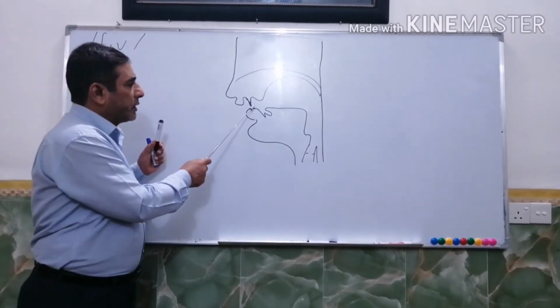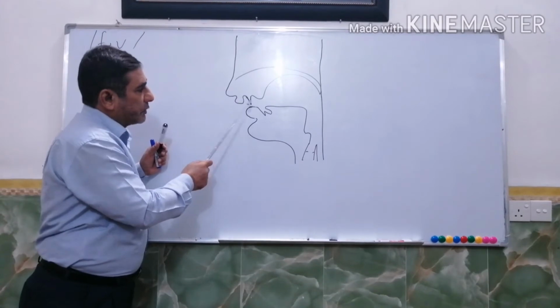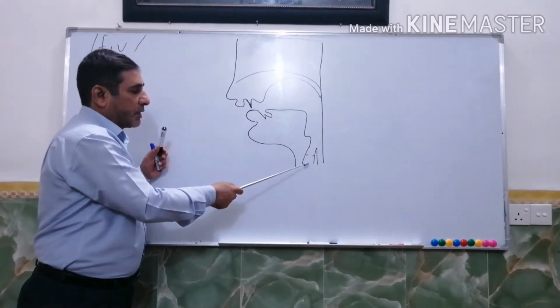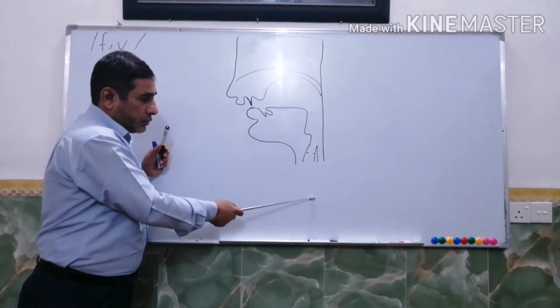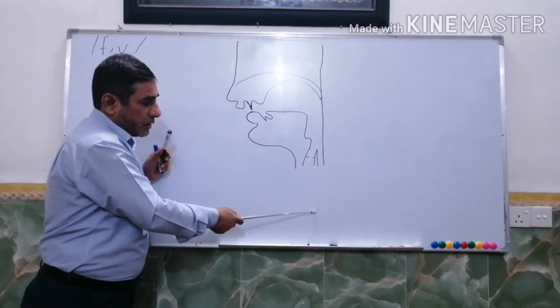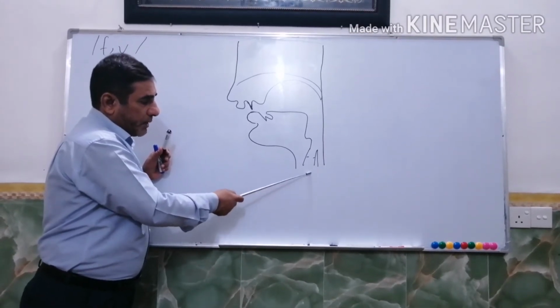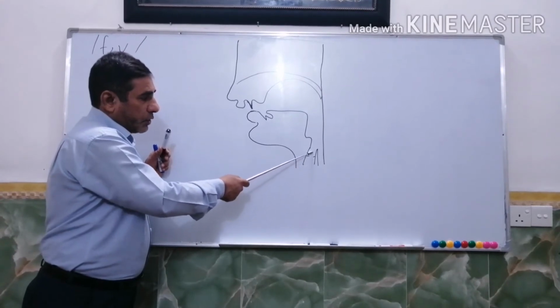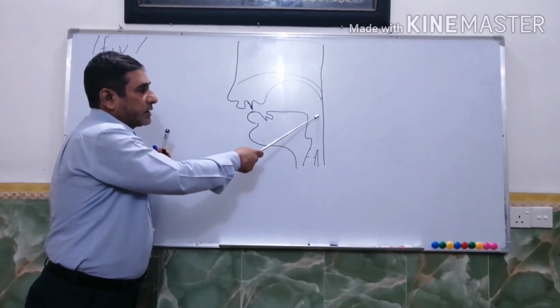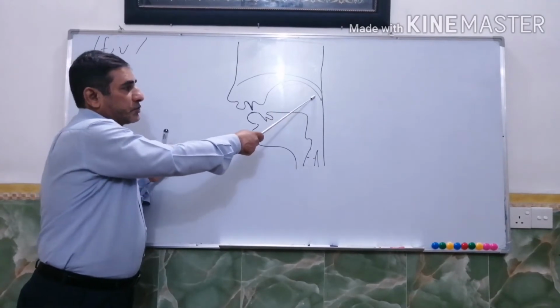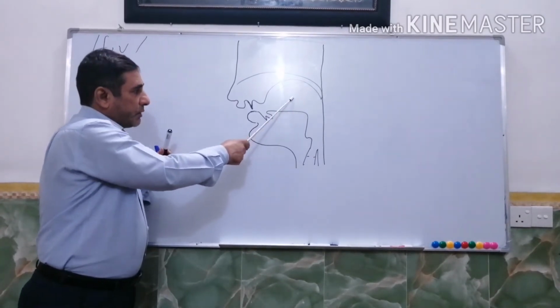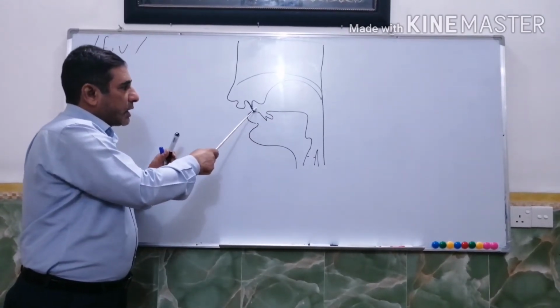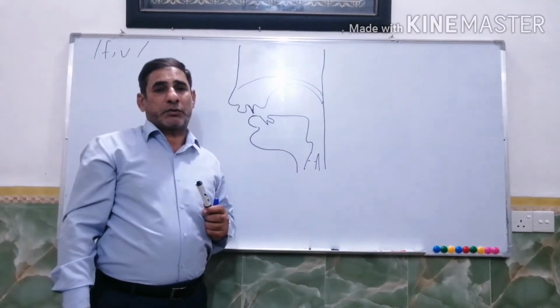And as you see here, this is the narrowing. When the breath comes out of the lungs, it goes upwards, passing through the windpipe or trachea, then the vocal folds or larynx, and then the pharynx, and comes here. The nasal cavity is blocked, is closed, so the breath goes through this narrowing and out of the mouth.